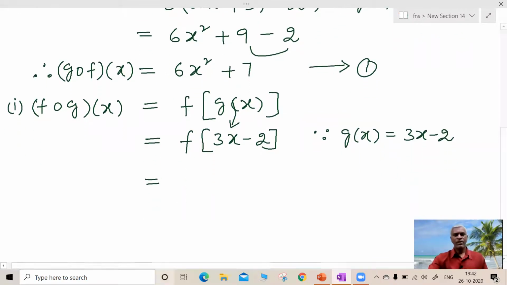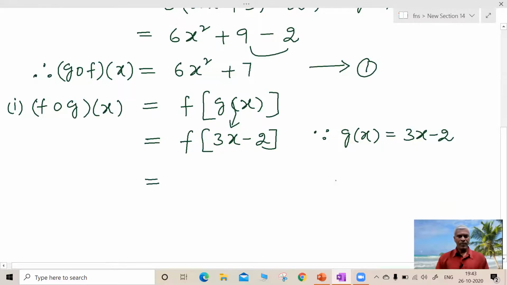So now this is f(3x − 2). This is like f(0), f(1), f(2). By using the f definition, we find this by writing 3x − 2 in place of x in the f definition.